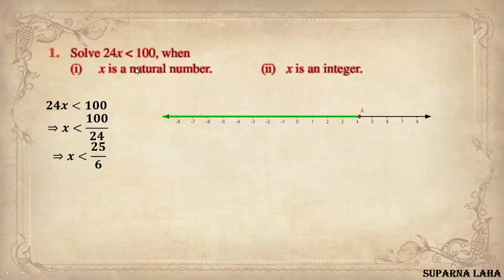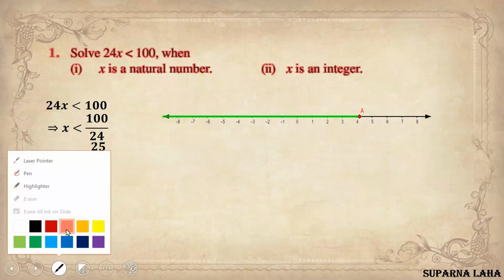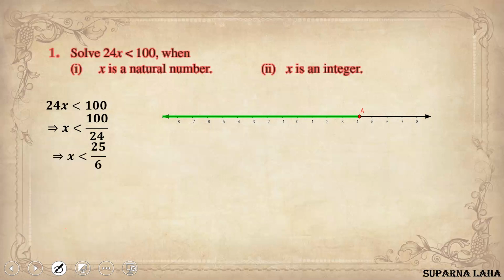Now suppose x is a natural number, the first one, then what happens? If x is a natural number, a natural number starting from 1, so if we consider 1, then the answer should be 1, 2, 3, 4.